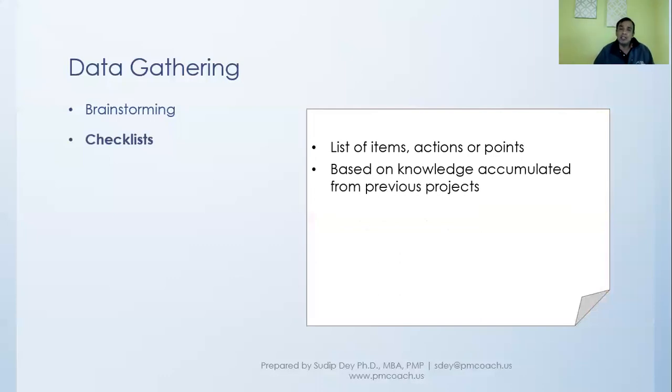In your organization, there might be a checklist of different things to be considered, different types of risks that have been encountered in other projects and so on. You might use that to help yourself identify risk in your project. And this checklist in the organization has to go through continual review, because more things might come in, and some things might not be relevant anymore.